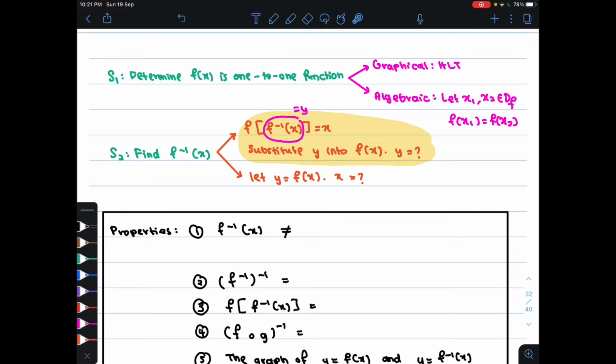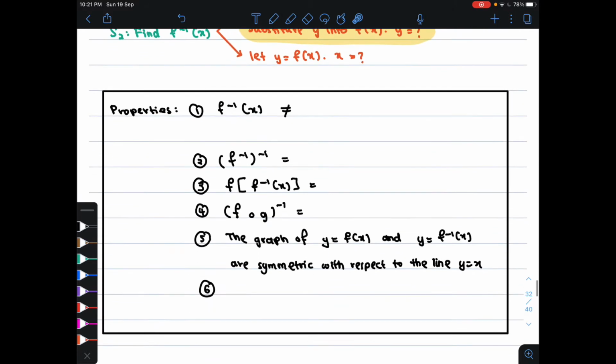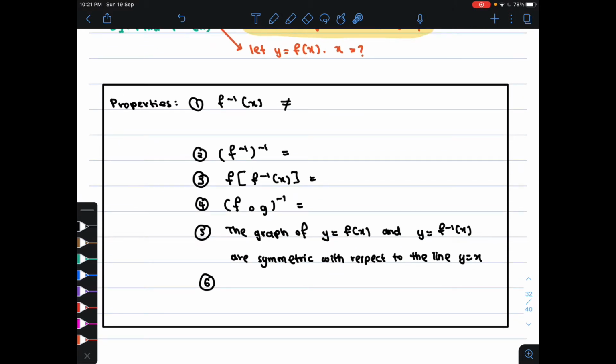So let's look at some of the properties of inverse function. Note that f inverse is not the same as 1 over fx. Now, what if you have f inverse and then you inverse it again? Ini kamu bayang macam kamu cancel out kamu punya inverse. So that is just the function f.